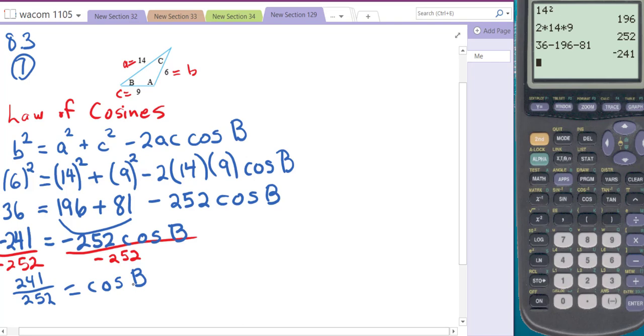And what I want is angle B. So I am going to do inverse cosine of this so that I can get B. So I'm going to do cosine inverse of 241 over 252.